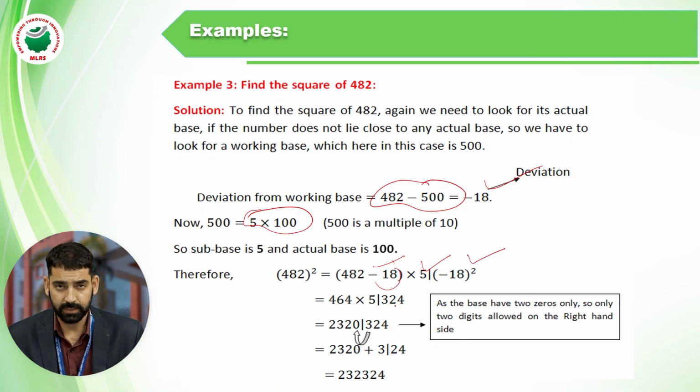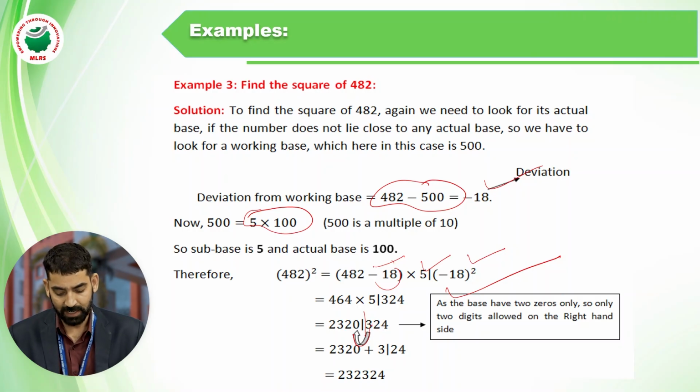We have already discussed in our previous lecture that if the base contains 2 zeros, which in this case is 100 containing 2 zeros, that means to the right of the separator there should be a 2-digit number instead of a 3-digit number. So what we do in that case is we move this 1 digit to the left and add it to the given number. We have already mentioned here in this box, as the base has 2 zeros only, only 2-digit numbers are allowed on the right hand side.